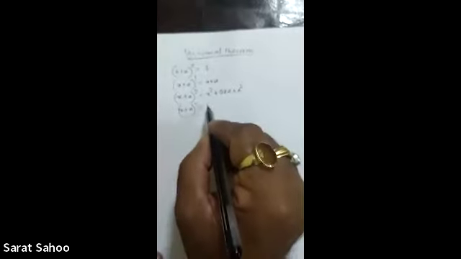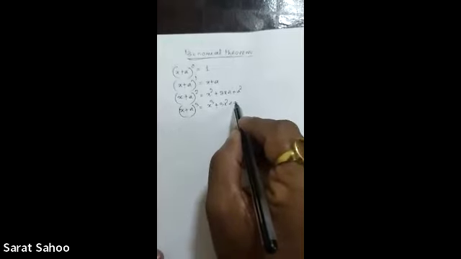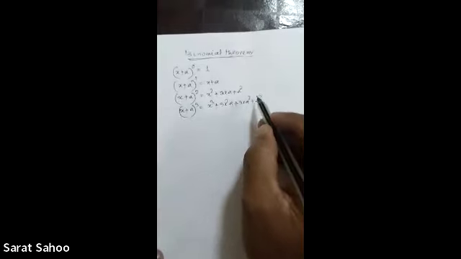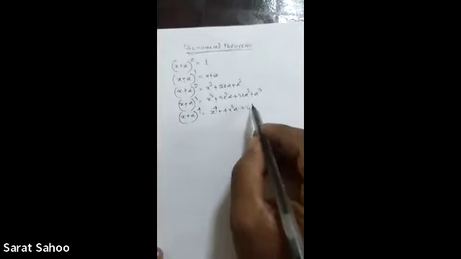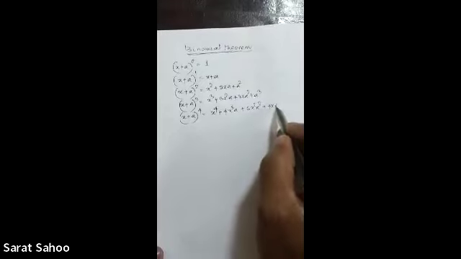(x plus a) raised to the power 3 is x cube plus 3x square a plus 3x a square plus a cube. (x plus a) raised to the power 4 is equal to x to the power 4 plus 4x cube a plus 6x square a square plus 4x a cube plus a to the power 4.